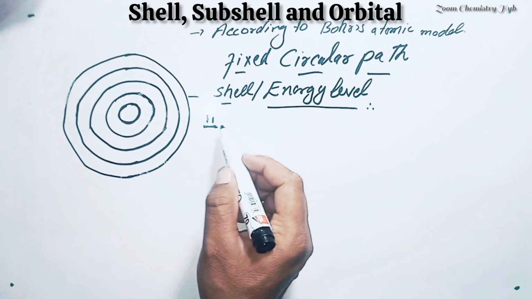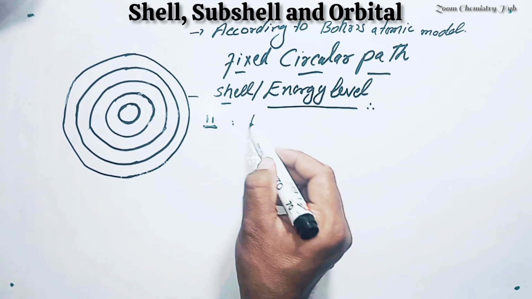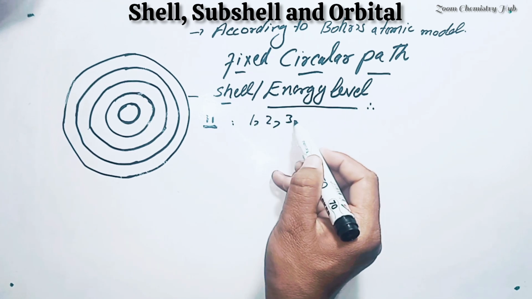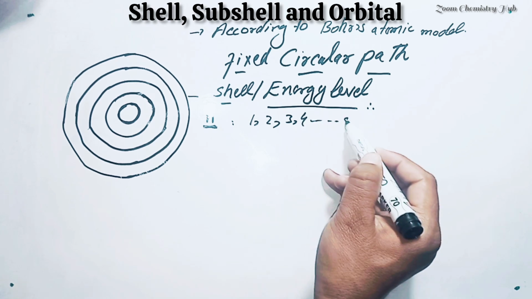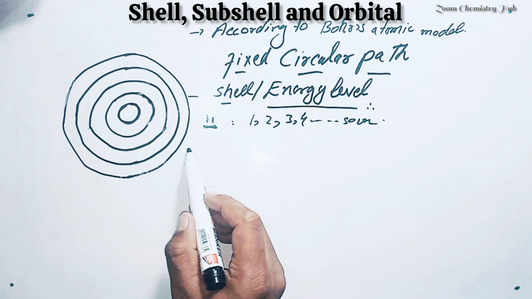Each shell is described by an n value, and here the n value may be 1, 2, 3, 4 and so on. As the value of n increases, the shell number increases.